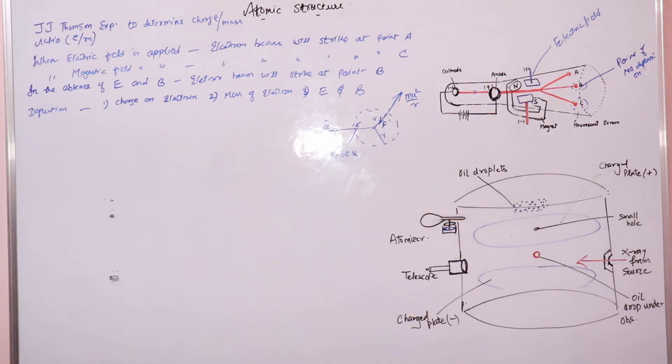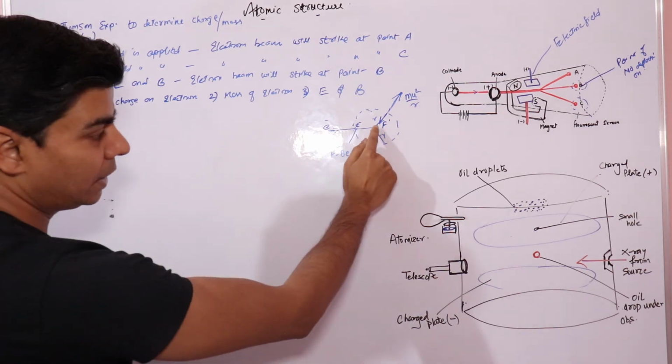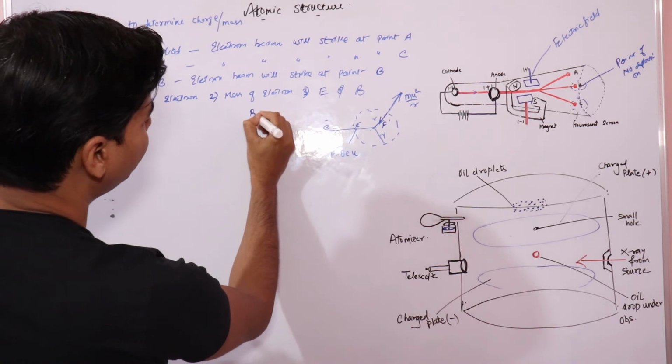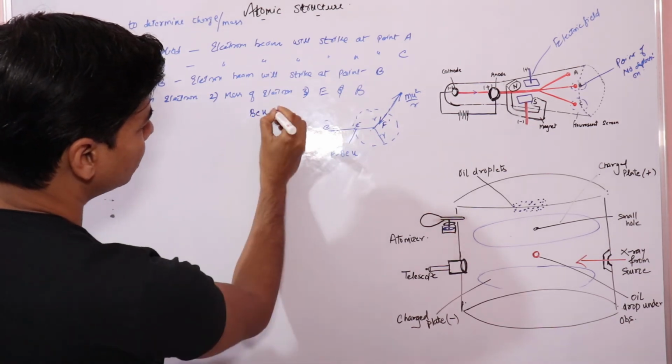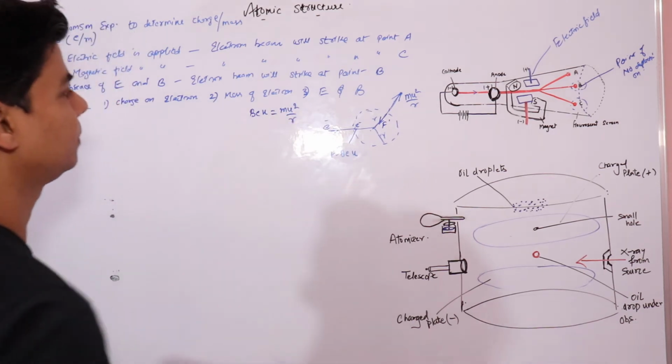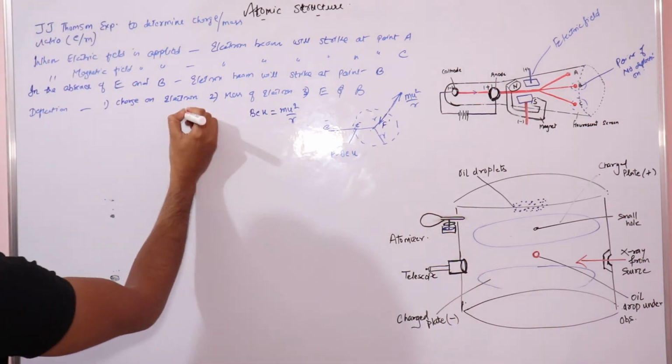So we write it as, when this electron is rotating in this magnetic field, BeU is equal to mu square upon r.